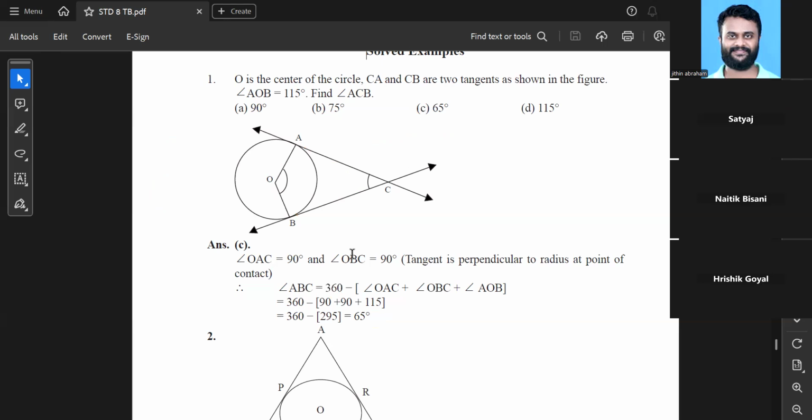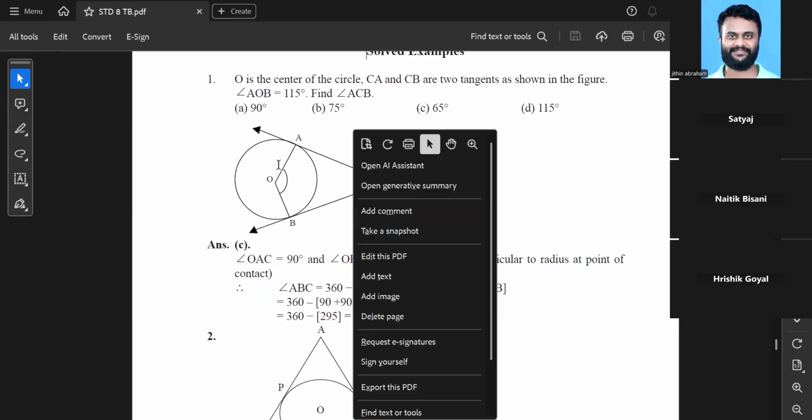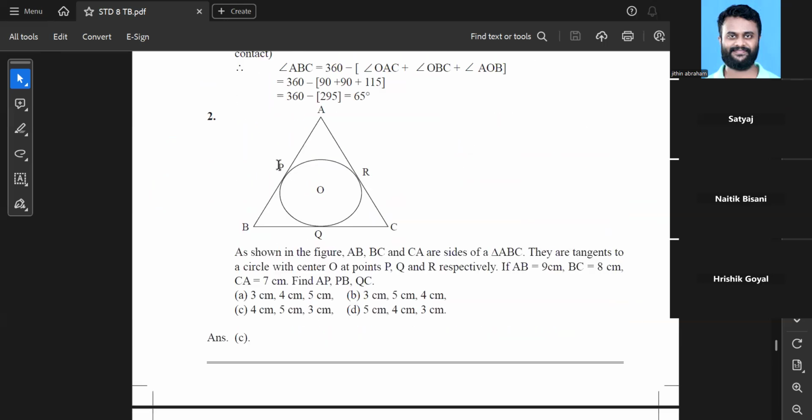So the second one, it's hard. As shown in the figure, AB, BC, CA are sides of triangle ABC. They are tangents to the circle with center O at P, Q, R respectively.